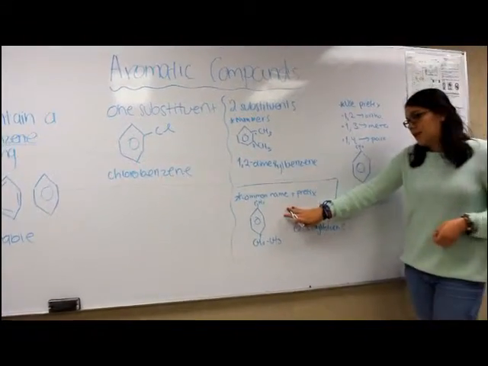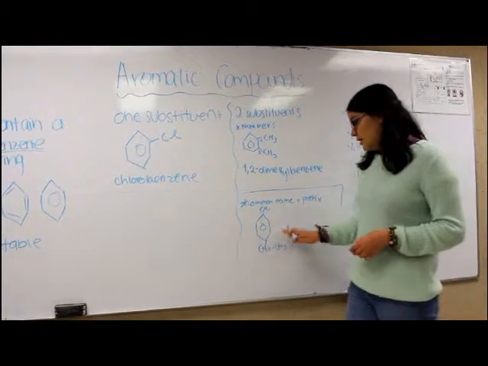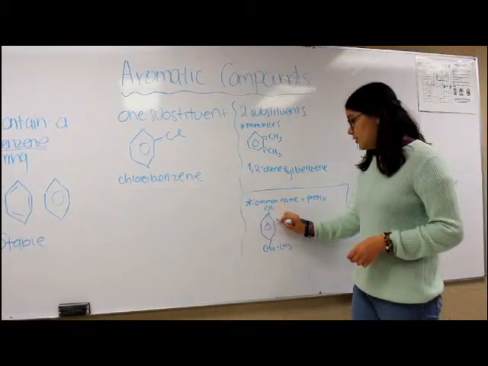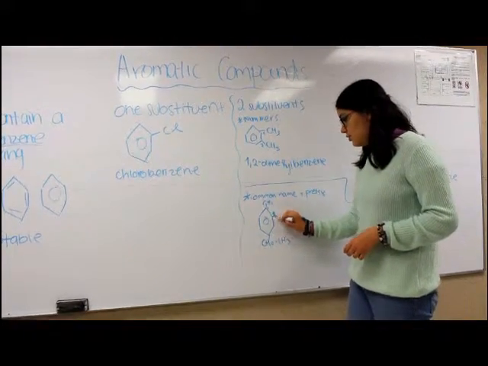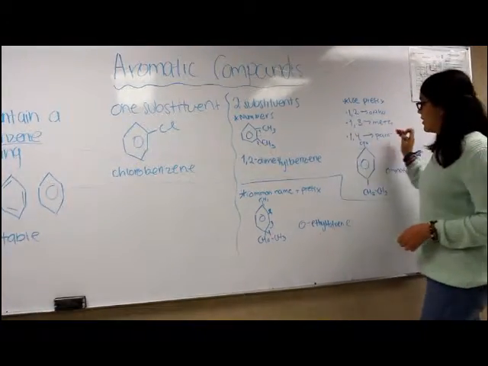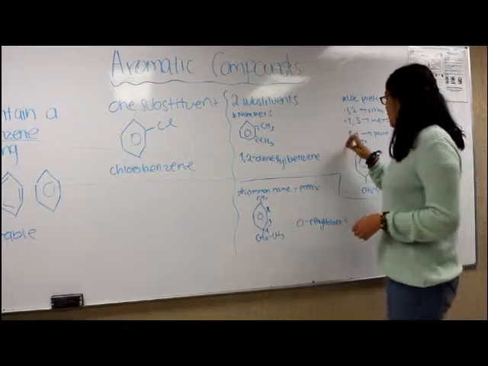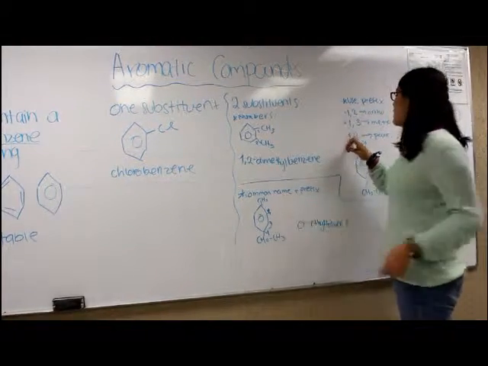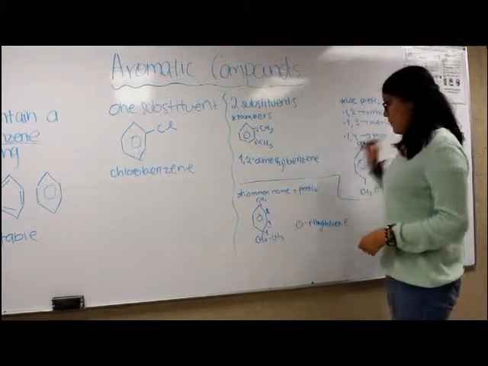You can use the common name and the prefix. In this example, we have substituents in 1 and 4. The prefixes are that if we have the substituents in 1 and 4, we use para.